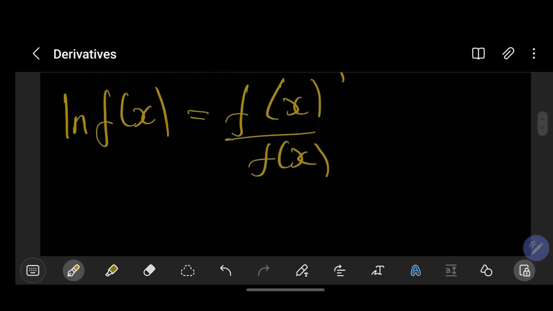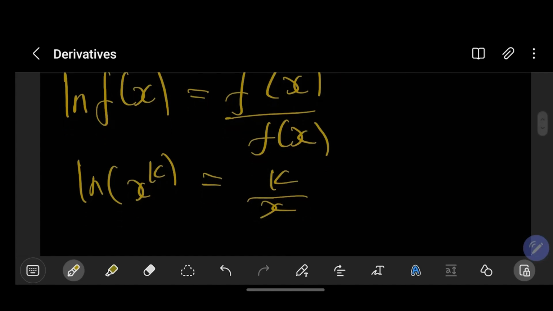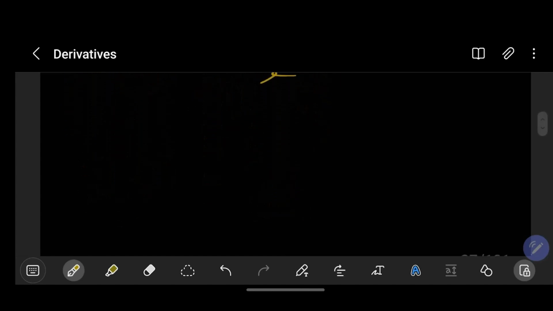What would we have if we have ln of x to the k, where k is a constant? It is equal to the constant over x. Okay, let's look at some examples and you will see how this rule fits in.